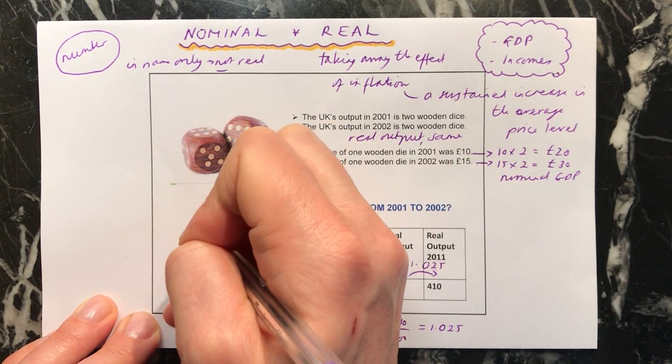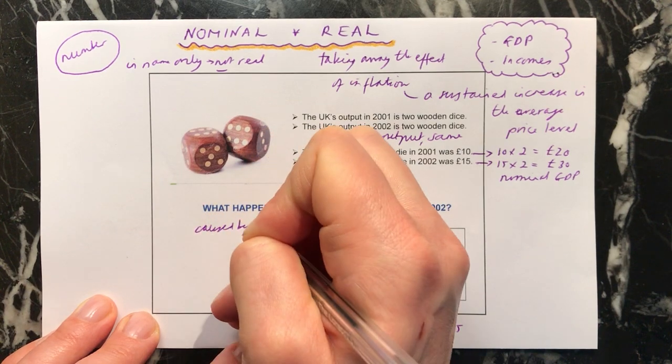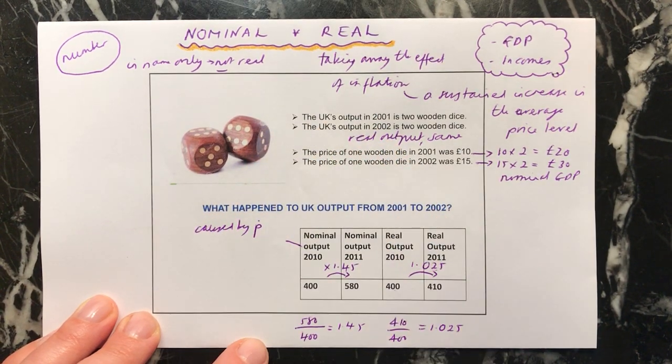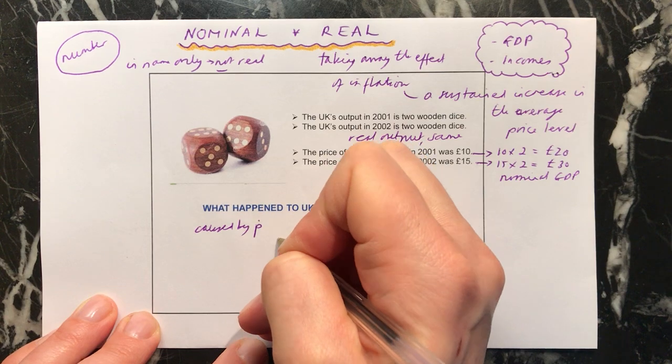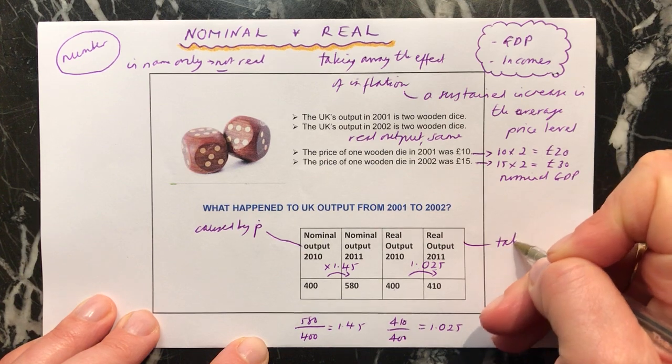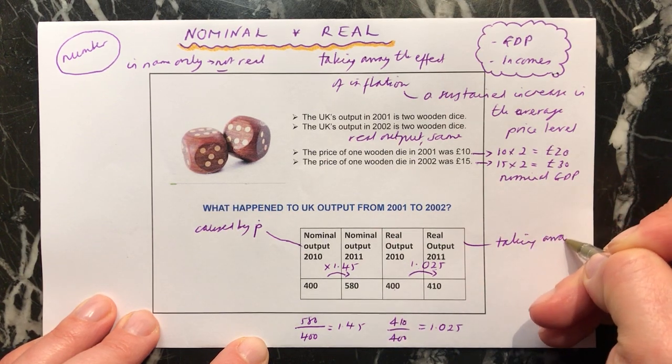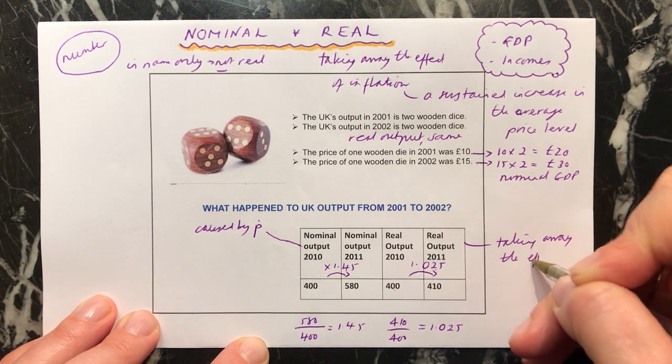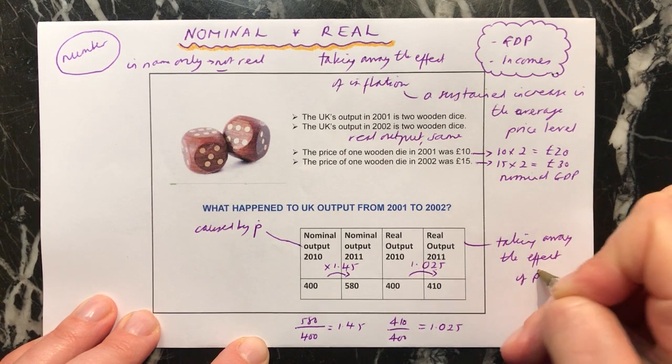So, caused by inflation. Shorthand for inflation is a P, little p, with a dot over it. So this increase has largely been caused by inflation. If we want the real output change, remember, we are taking away the effect of the inflation.